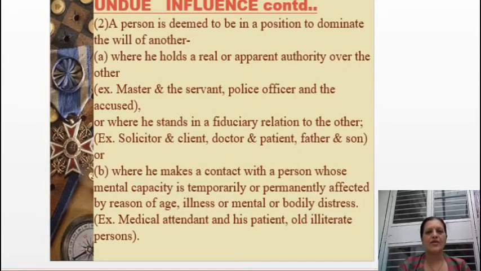Or B, where he makes a contract with a person whose mental capacity is temporarily or permanently affected by reason of age, illness, or mental or bodily distress. For example, a medical attendant and his patient, or an old illiterate person.